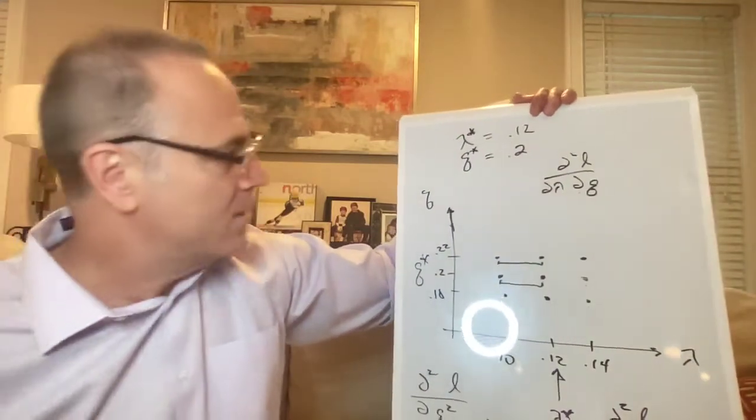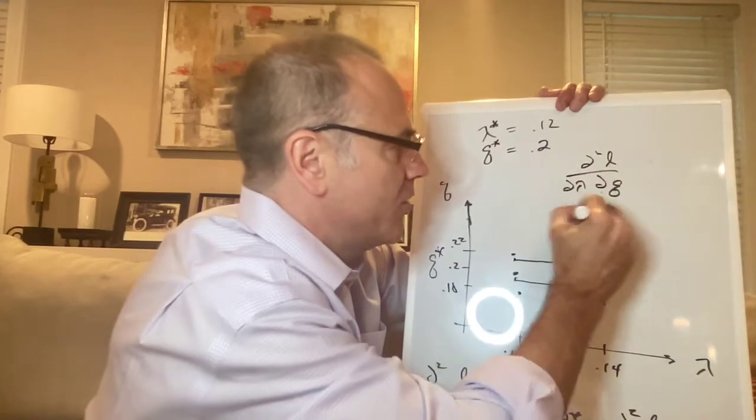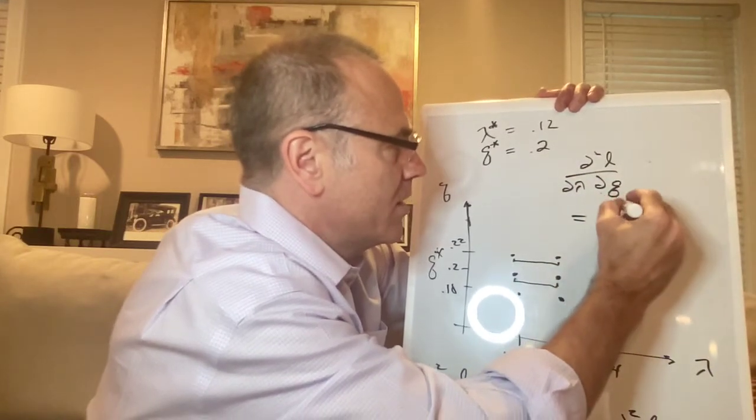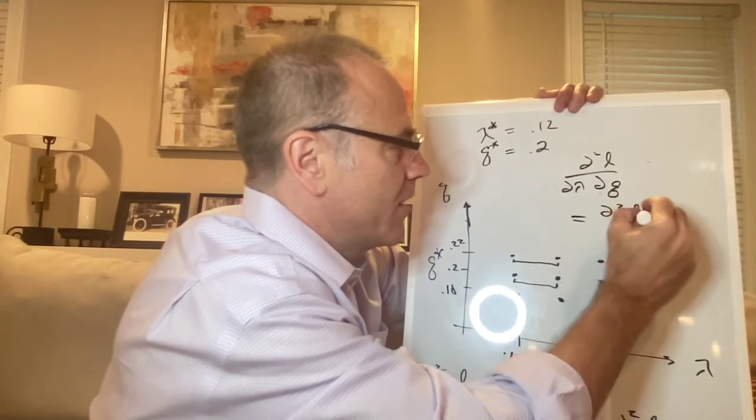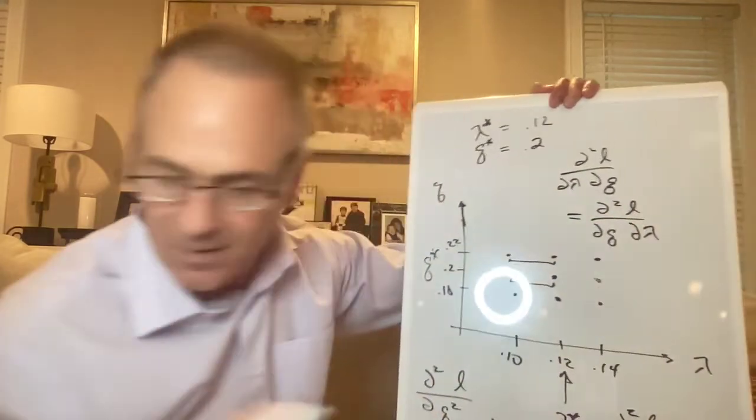And by the way, d squared L d lambda dQ should equal the derivative if you go the other way, if you first take dQ, then d lambda.